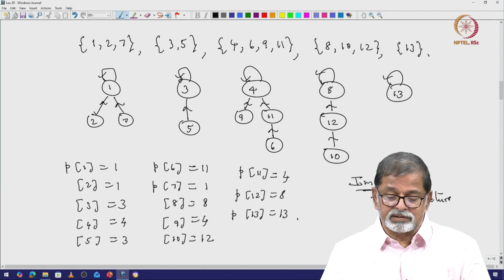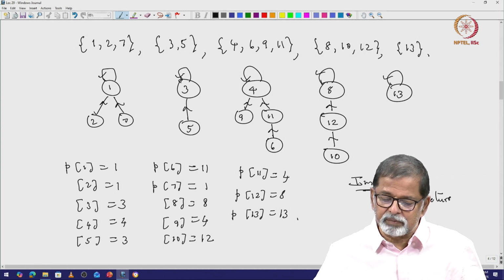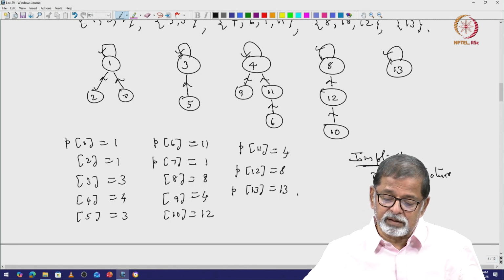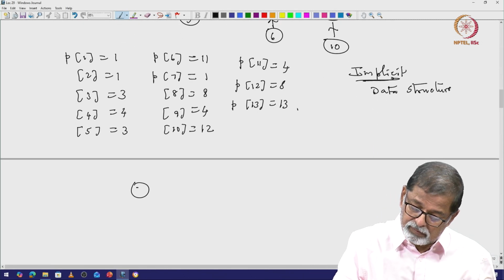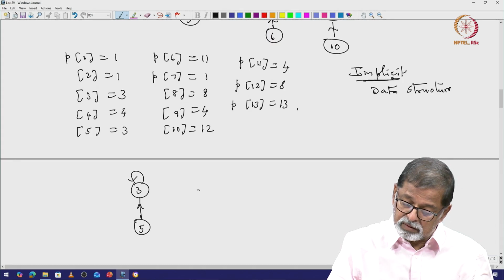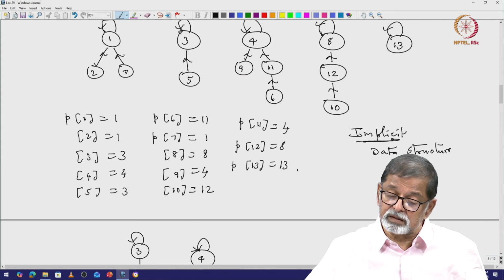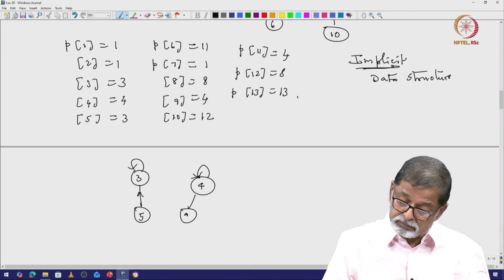If you look at this picture, and the convention that we have, let me copy this picture down, because I need, let us say, 3 and 5, and you have 4, 9, 11 and 6.